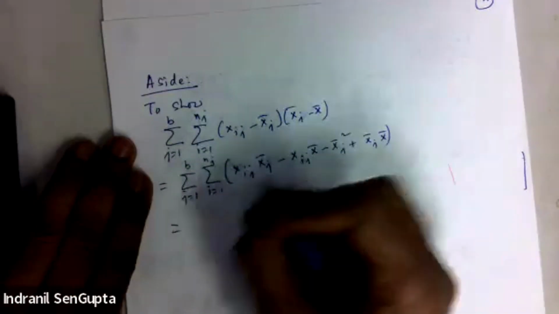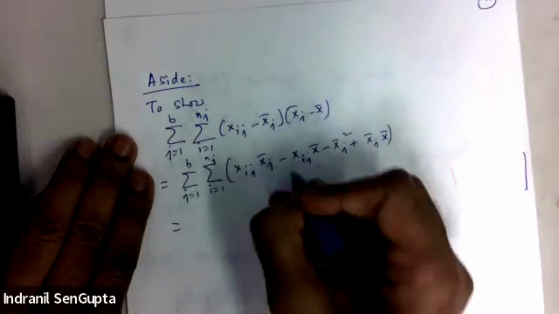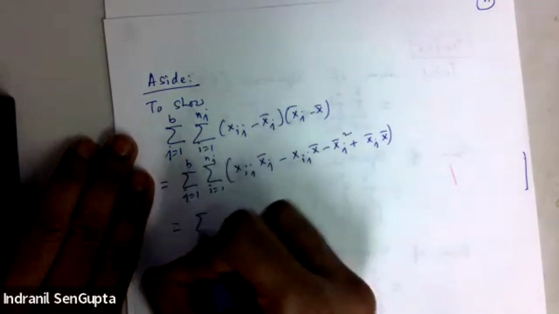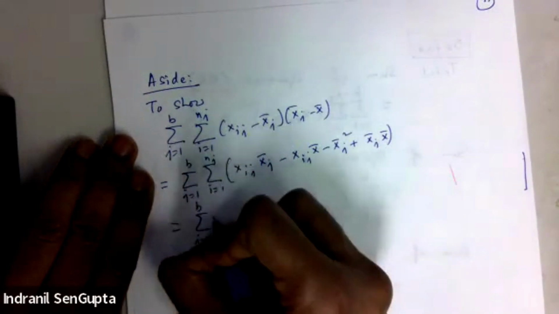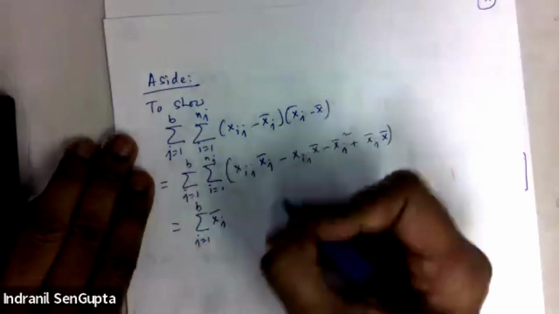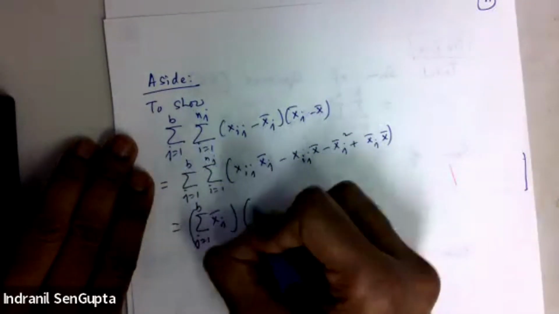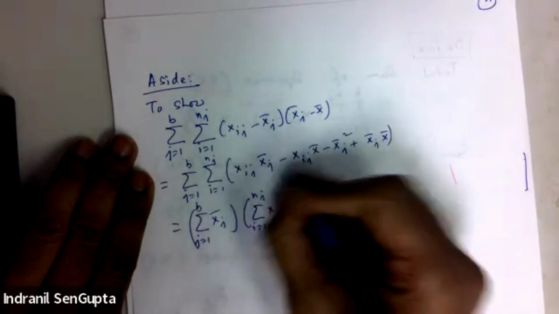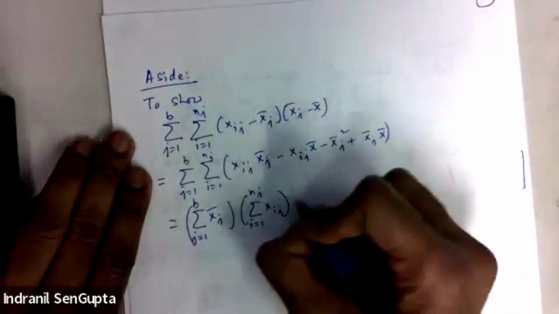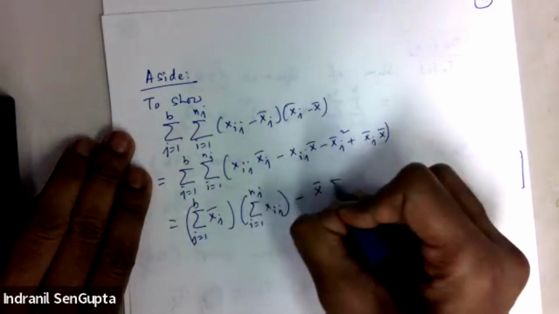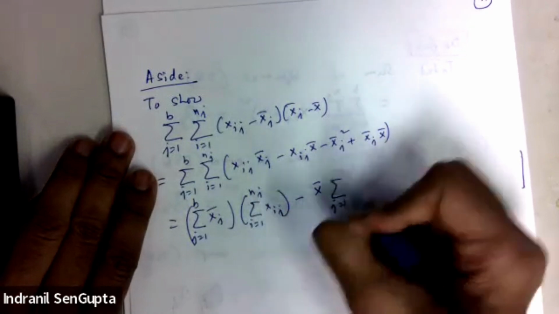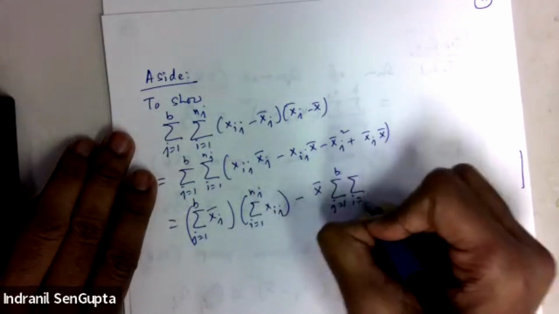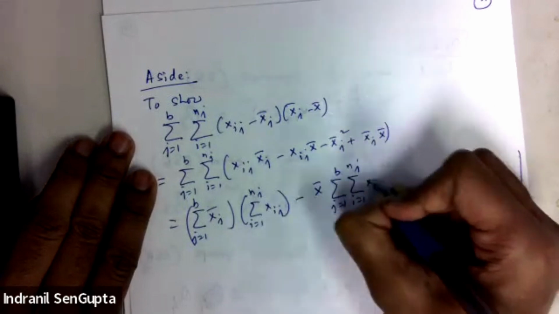Now when I take the summation, this is a summation on j only, so it becomes sum over j from 1 to b of xj bar, and then I have summation i from 1 to n sub j of xij. Then the second term, x bar is a constant, so x bar summation j from 1 to b, i from 1 to n sub j xij.